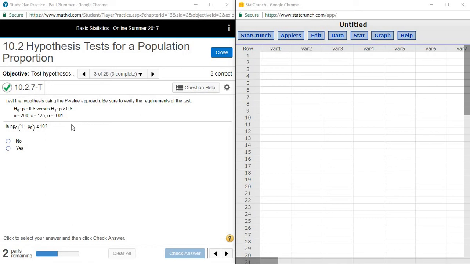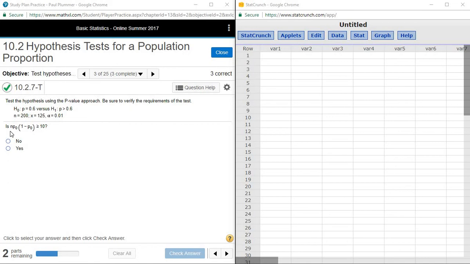One reminder: for us to be able to use the normal model to approximate probabilities for proportions, we need n times p times 1 minus p to be greater than or equal to 10, where p is the true proportion. In this case, p0 is the p from the null hypothesis.